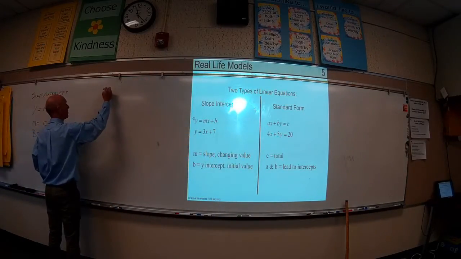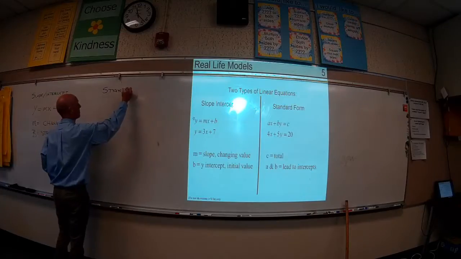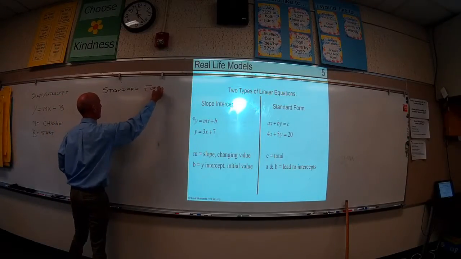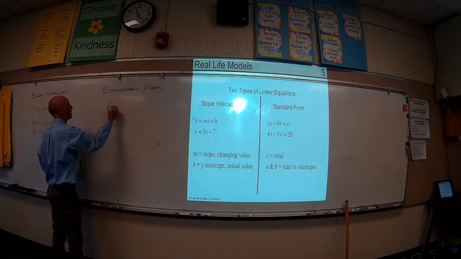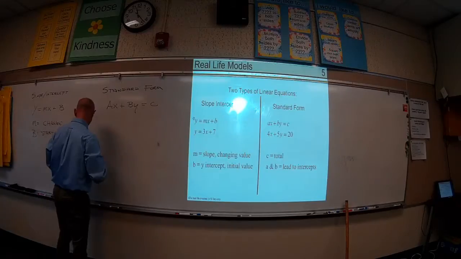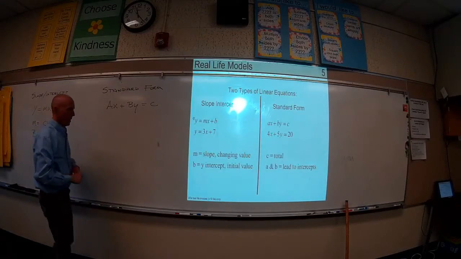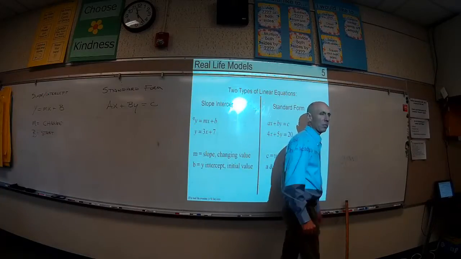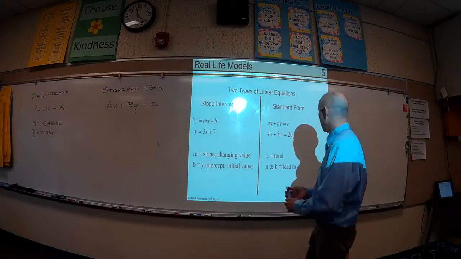Standard form. Standard form is AX plus BY equals C. And this is really good when you have two different kinds of things, like apples and bananas, and a total.